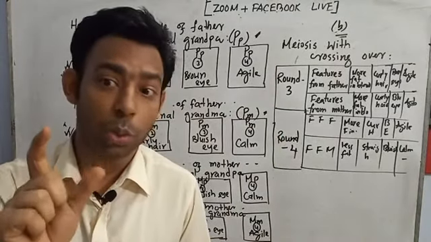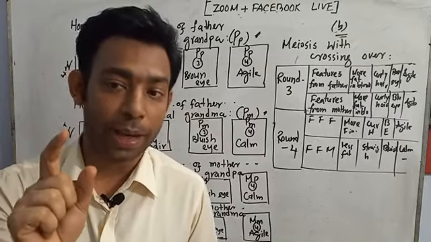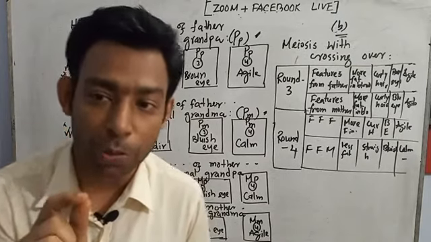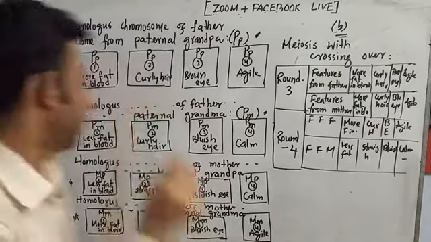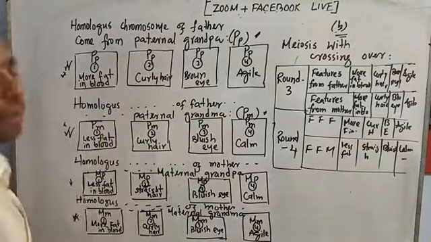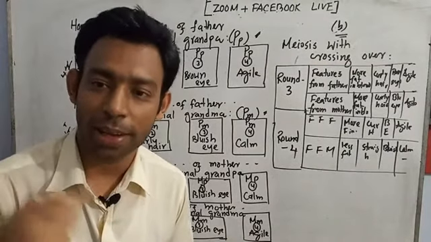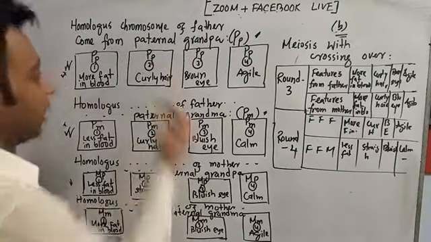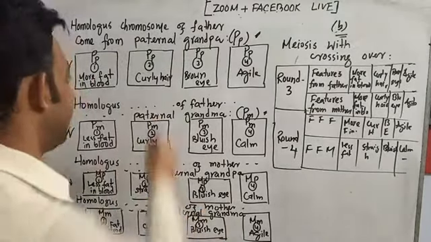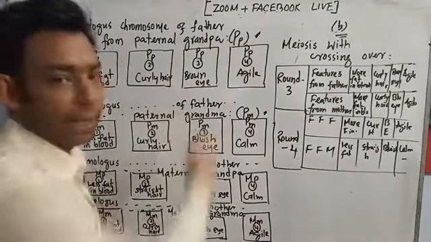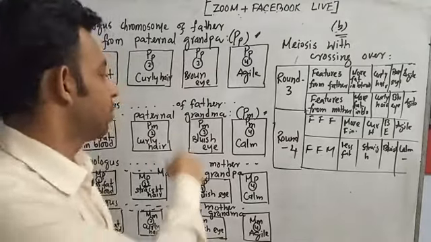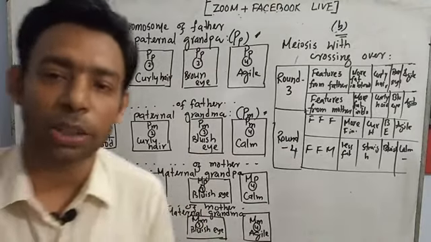I repeat once again, if 2 times head, crossing over will be there. How will crossing over be there? Sir will solve it for you. First time head then tail, first time tail then head. In this way the crossing over can be done.